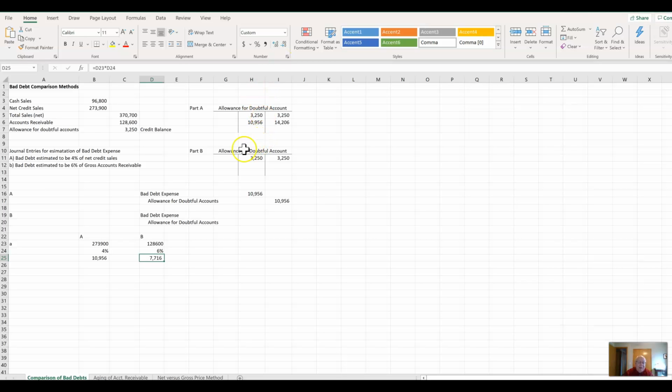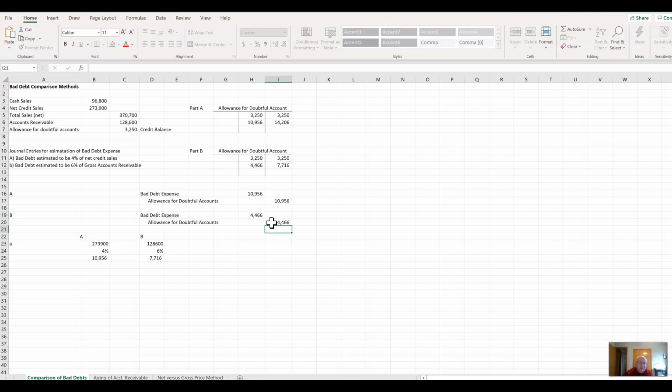Now the difference between these two methods is that this is adjusted to the amount. So up here we want 7,716 in the account, which means our adjustment then is the difference, the 7,716 minus the 3,250. So our adjustment then would be 4,466.